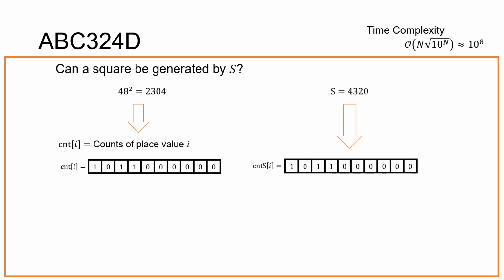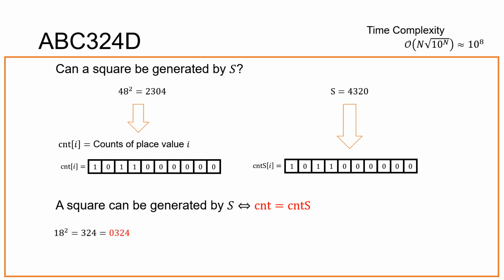Similarly, we define count of S using the original string S. Then, we only need to check if count equals count of S or not to know 48 squared can be generated by S. This doesn't take much time because digits are small enough, so this solves the problem.